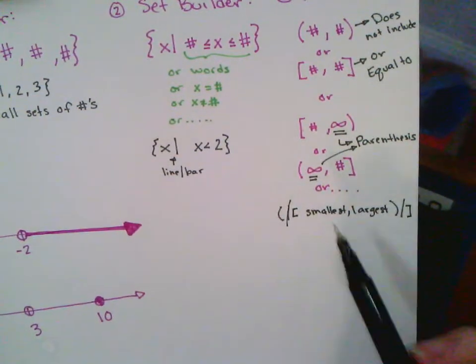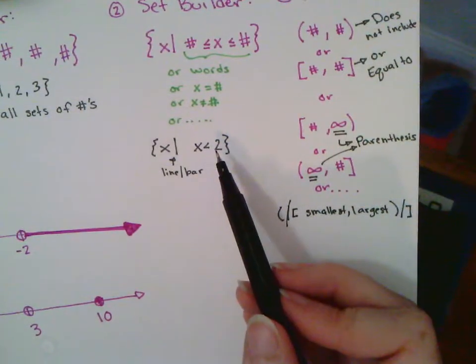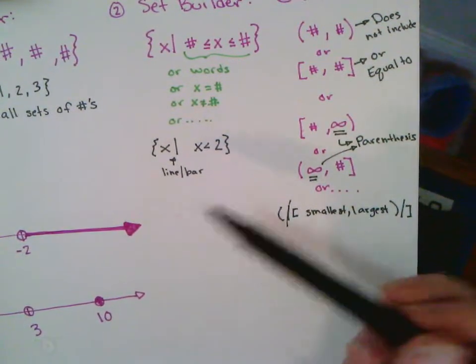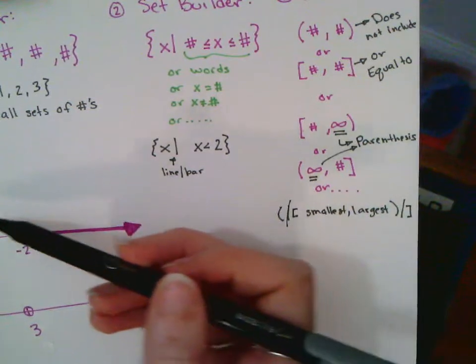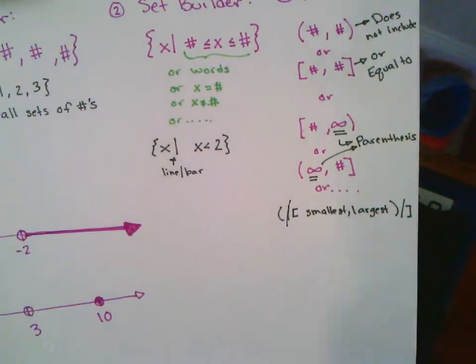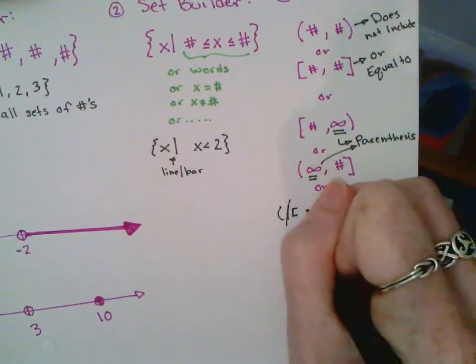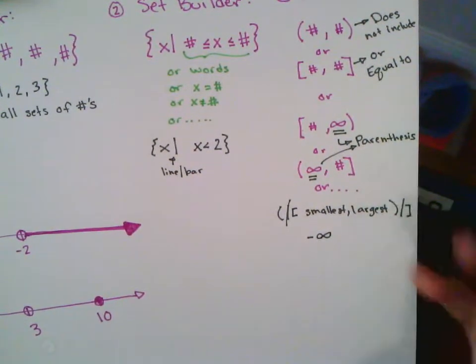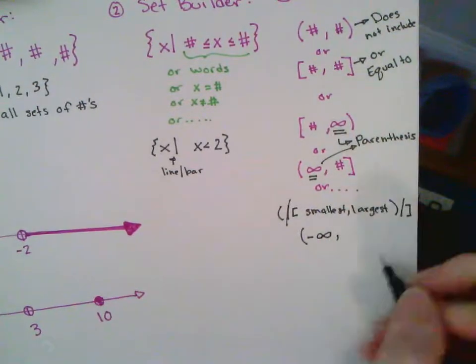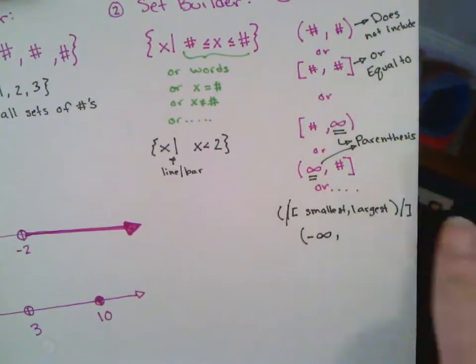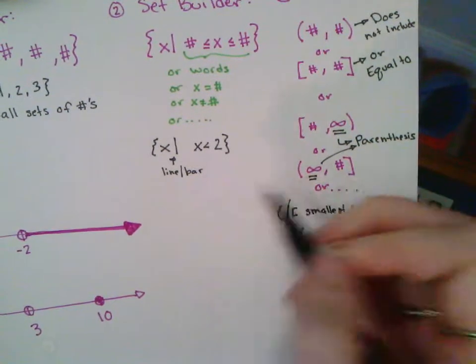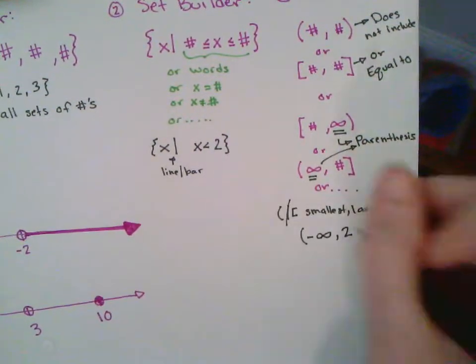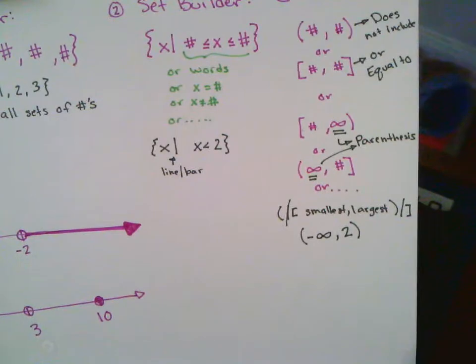So in this case, if x is always less than 2, that means I can do any number going all the way into my negatives, as far to the left as I can think on a number line. So my smallest number is negative infinity in that case. And remember, negative infinities, I said, always have to go with parentheses. Parenthesis will go here, comma, our largest number. Well, the largest I can get to is a 2. But because there's no "or equal to" here, I would have to use a parenthesis here as well.